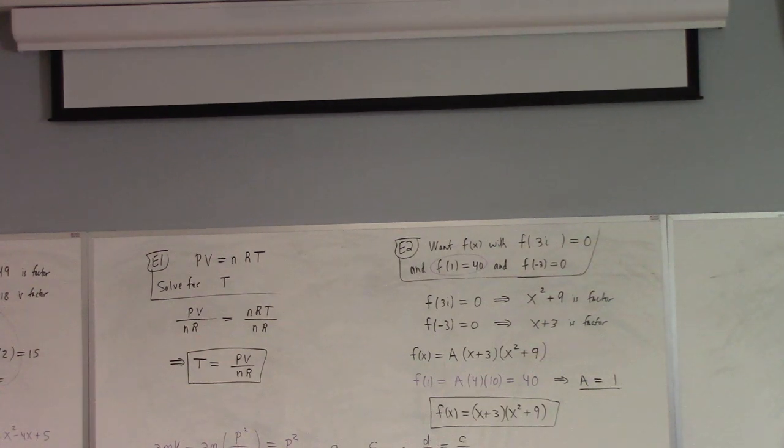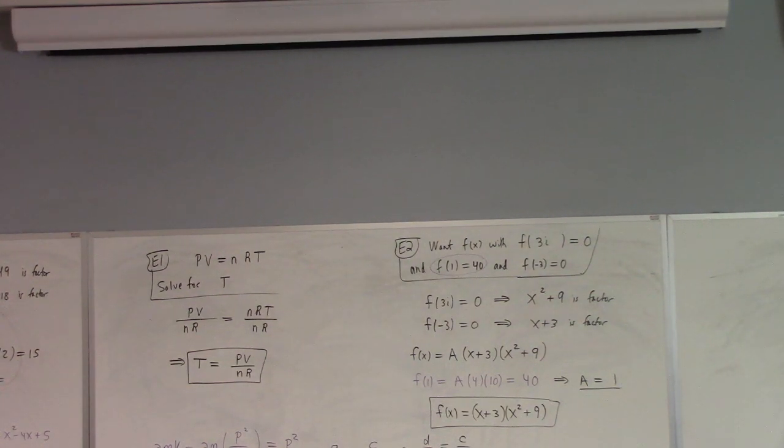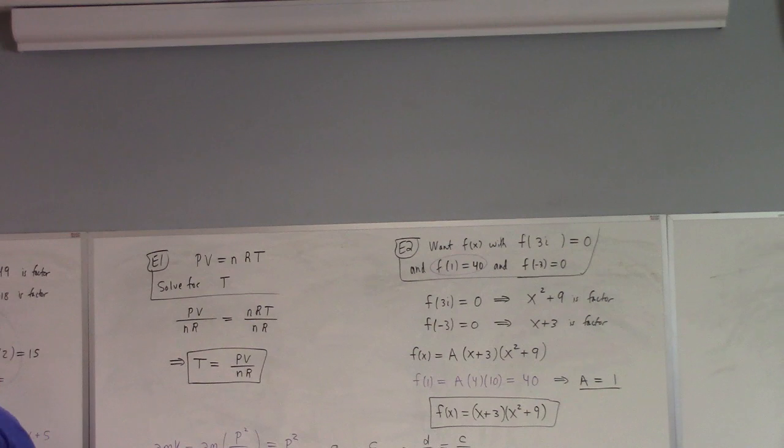All right, so let's talk about how to graph polynomials. How should I graph a polynomial? What do you think? You say factor it? That is, in a nutshell, the center of it. You want to factor the polynomial.